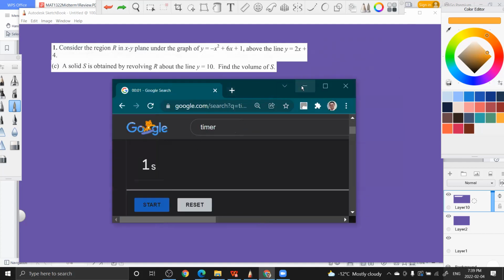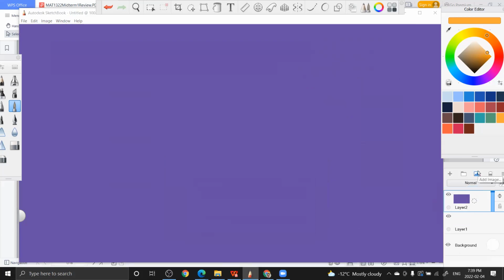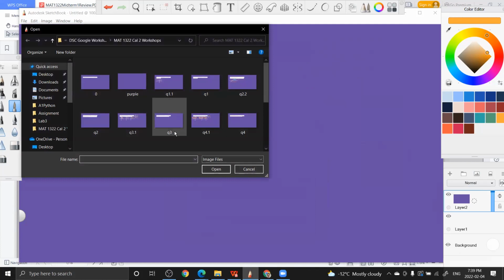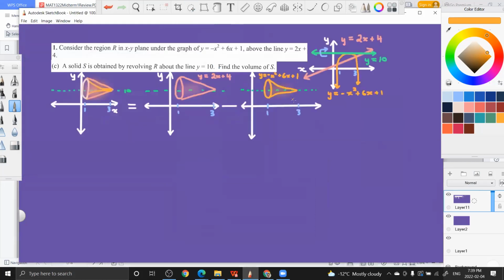Okay, 4 minutes is over. Let's go over the solution. So we have these two functions that we always used in the previous question. So when we draw them, they're going to look like this.